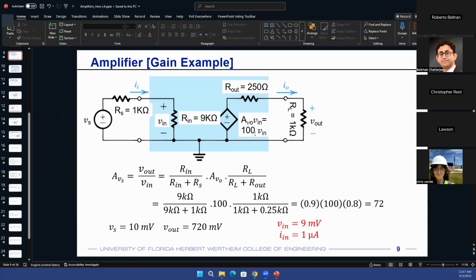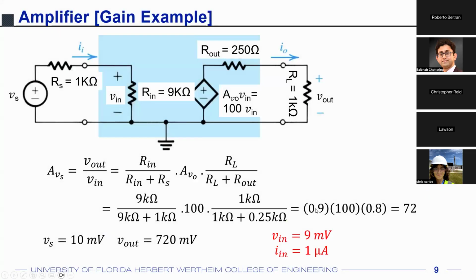So AVO times VIN is basically 100 times VIN. And this value is 1 kilo ohm divided by 1 kilo ohm plus 0.25 kilo ohms. And that gives you the ratio 0.9 times 100 times 0.8. The numbers are correct, it's just that there was a typo over here. So this will be equal to 72. So as you see, even though the amplifier has a gain of 100, the whole system has a gain of only 72, right?